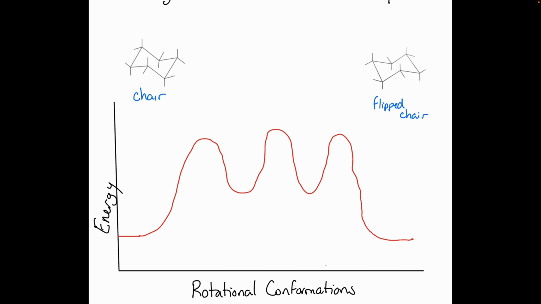I don't really care if you know about these intermediate states. You can look them up. They are well known. The one in the very middle is what's called the boat conformation. But what I'm really interested in is this chair flip, going from one chair conformation to the other.